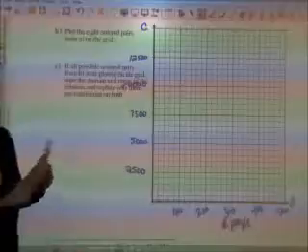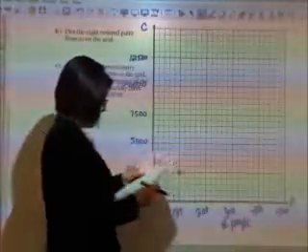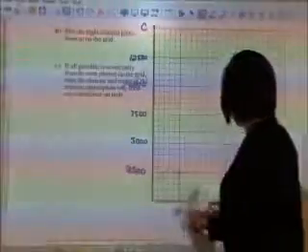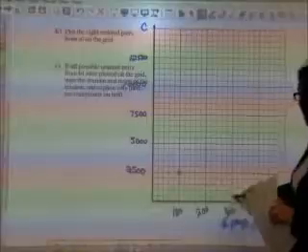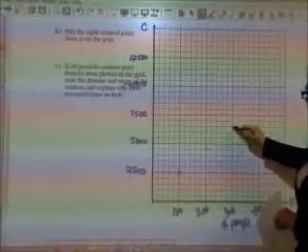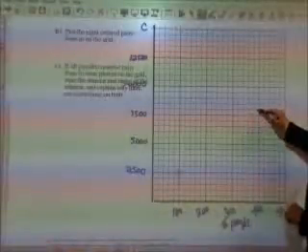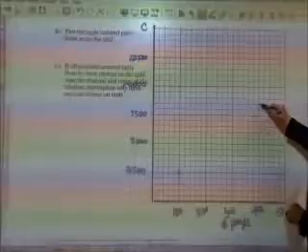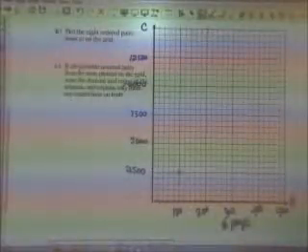So now if I plot these points, 100 people, 2,500. 200 people, 4,500. 300 people was 6,500. I know I'm skipping the ones in between. 400 people was 8,500. And 500 people was 10,500.